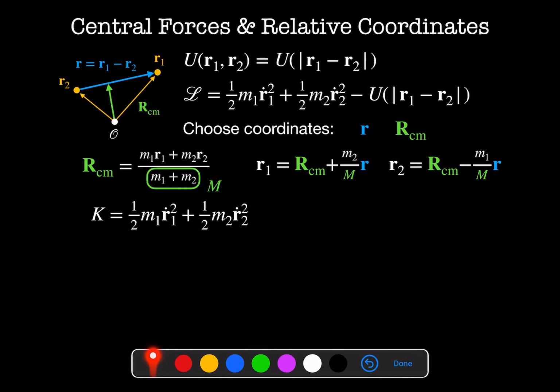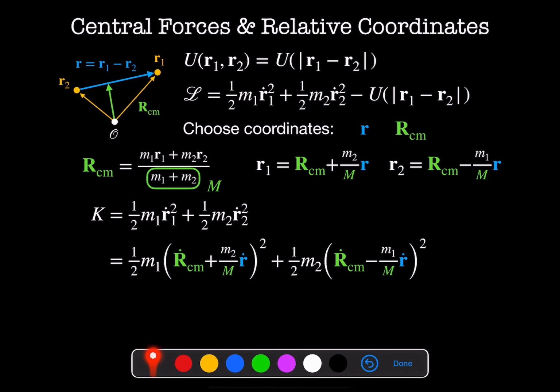And now when we replace our definitions of r1 and r2, we end up with 1/2 m1 times quantity RCM dot plus m2 over M times r dot, squared, plus 1/2 m2 times quantity RCM dot minus m1 over M times r dot, squared.